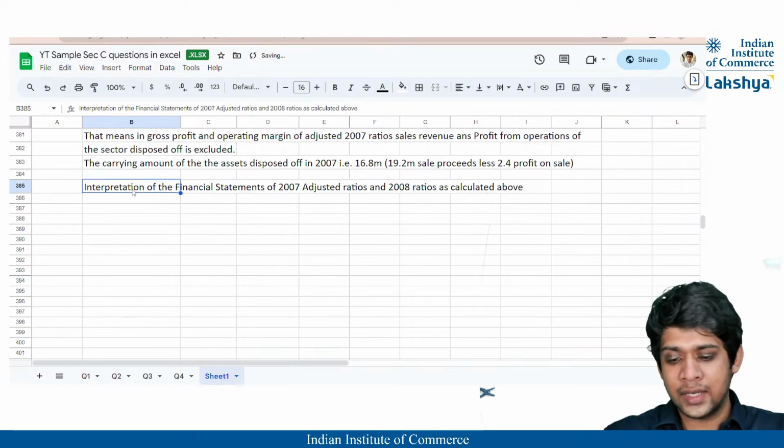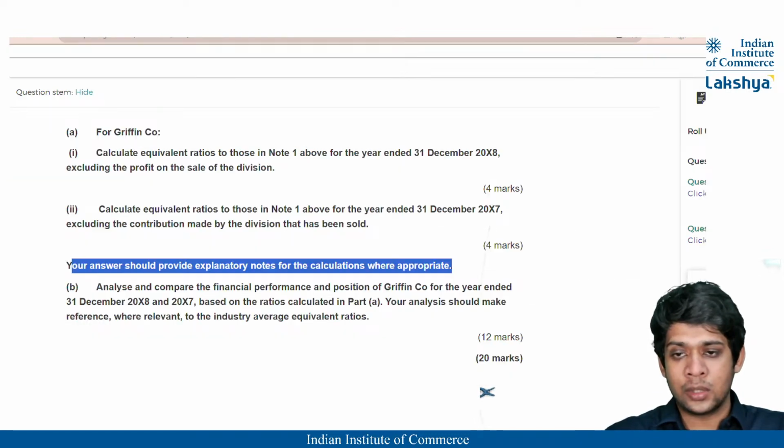Right? So you can specify like that and then start off with your interpretation.